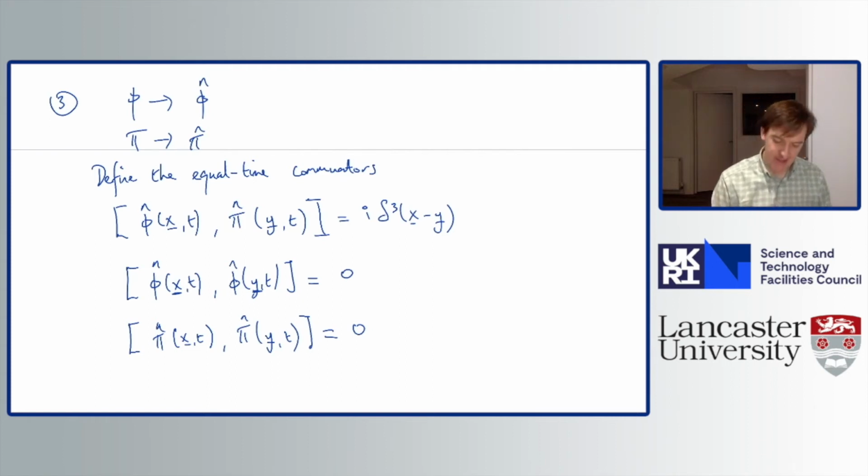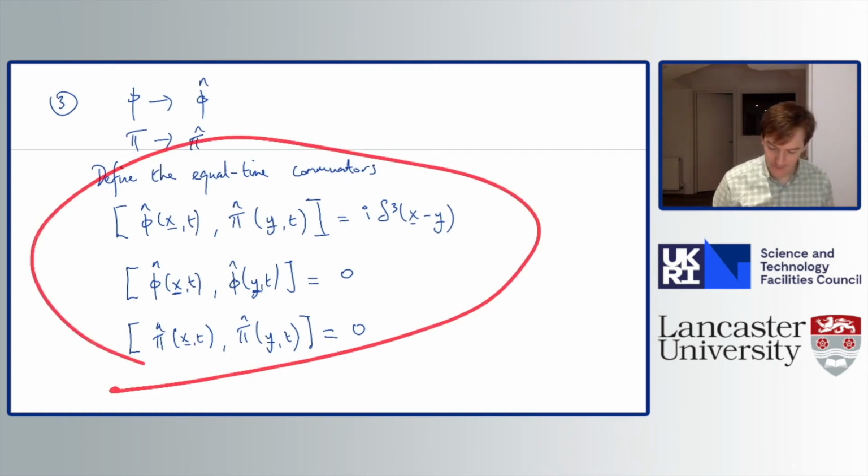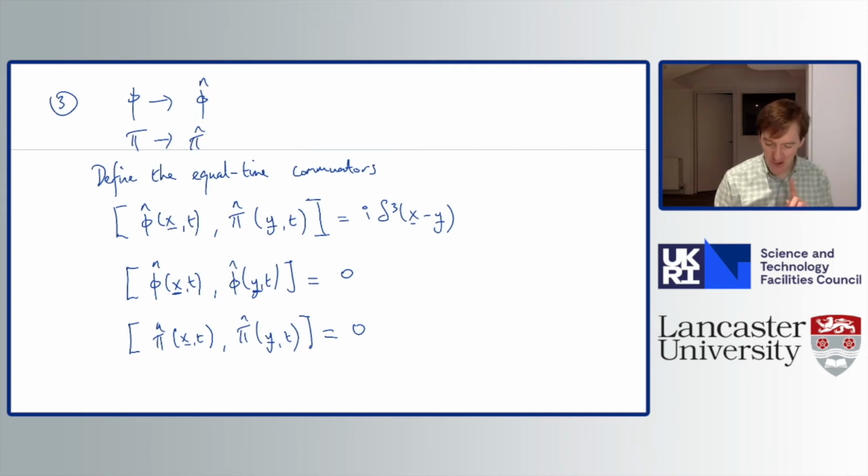So good. This is step 3 done then. In this theory, it's relatively straightforward because we have a single scalar field, a single scalar momentum. So these are all of the commutation relations we need. As I said, the only thing is that they're defined at equal times. Not too hard to implement.